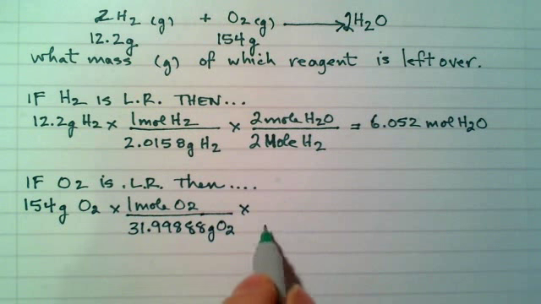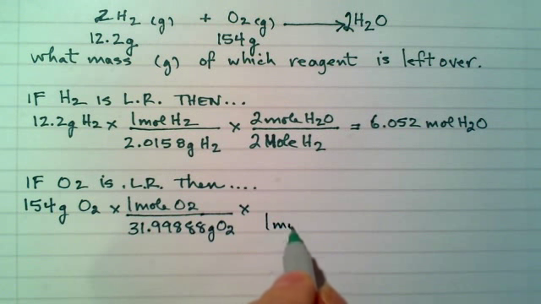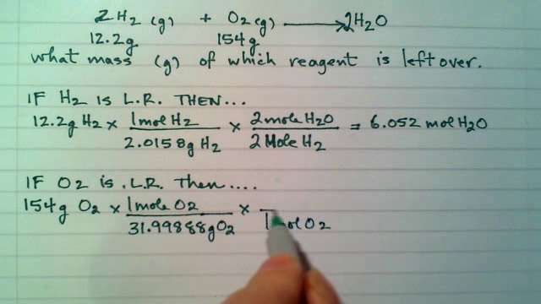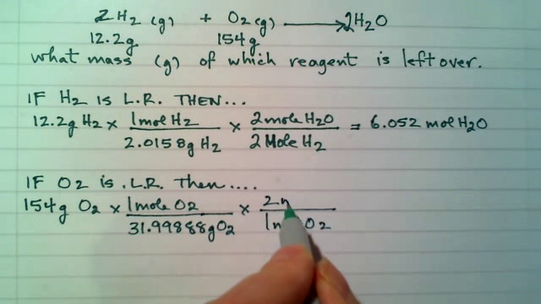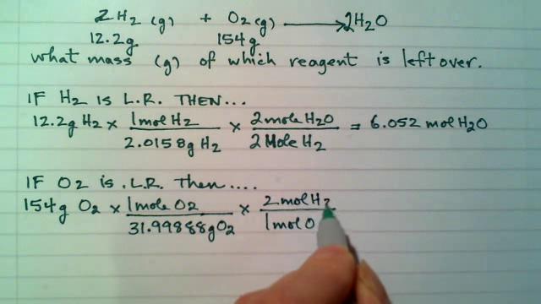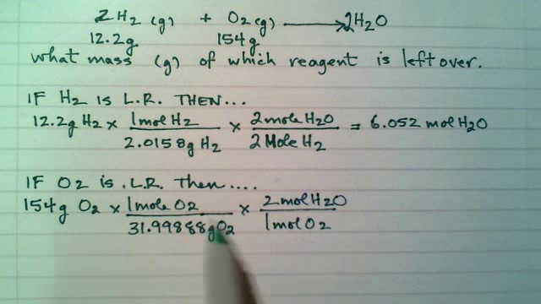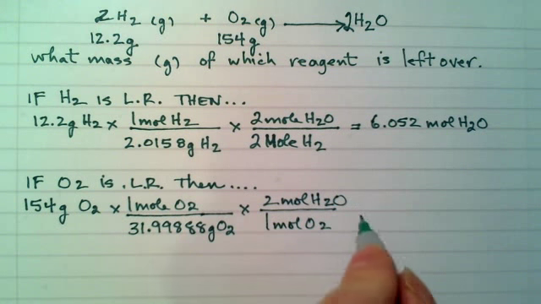And I know that that's a 1 to 2, so 1 mole of O2 reacts to form 2 moles of H2O. Yes, I write it on the bottom so that they'll actually cancel, and I'll be left with essentially converted to the number of moles of water.